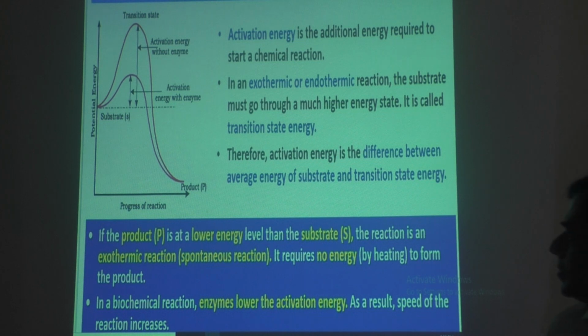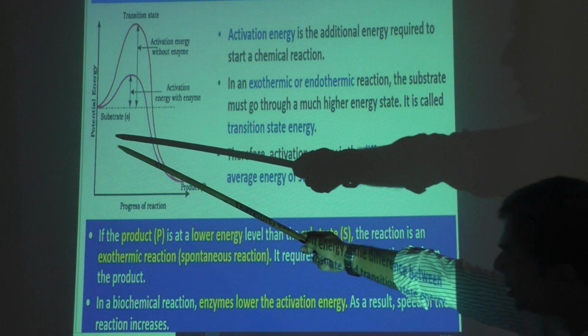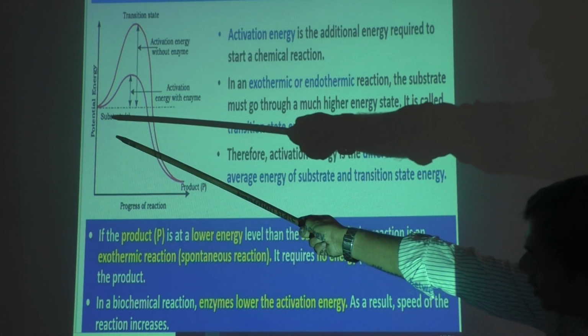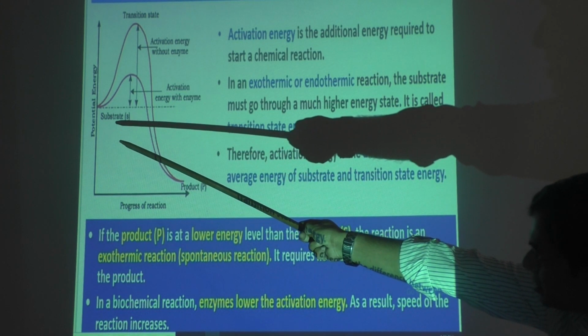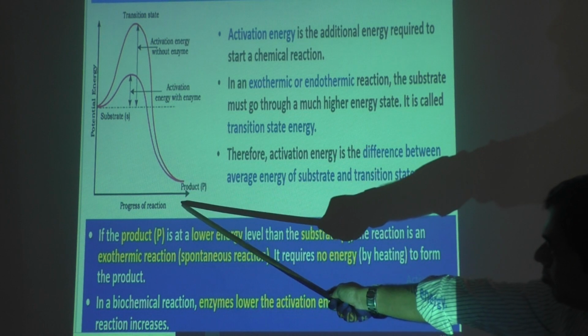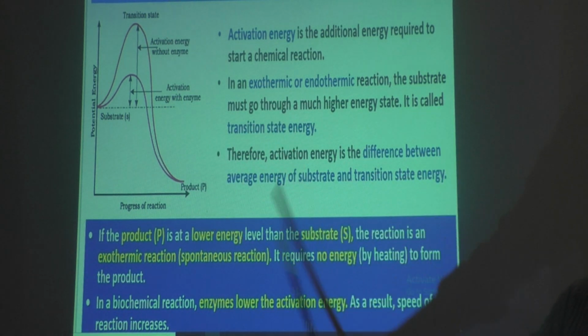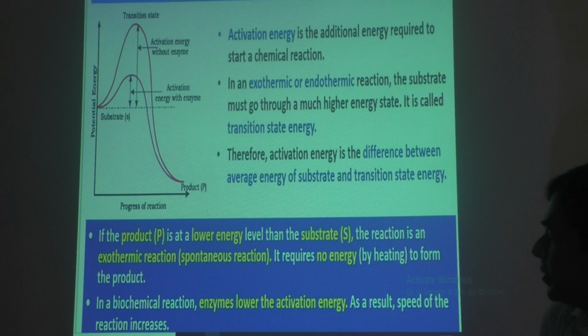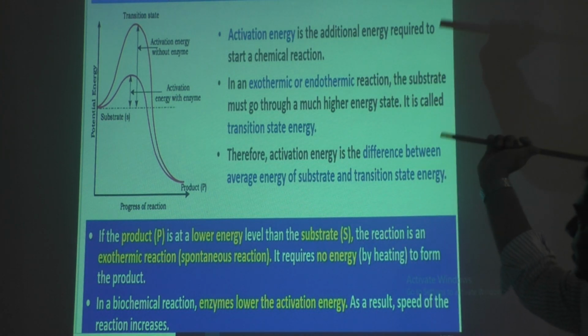They have plotted a graph of potential energy of the substrate and progress of reaction, means how the reaction happens. Then you can see something that is called activation energy. What is that?